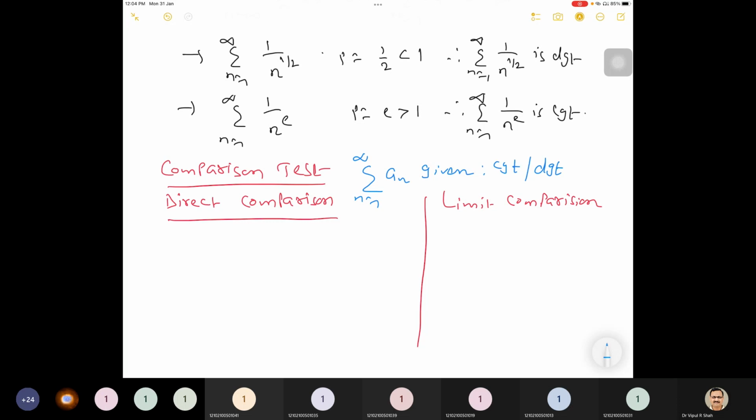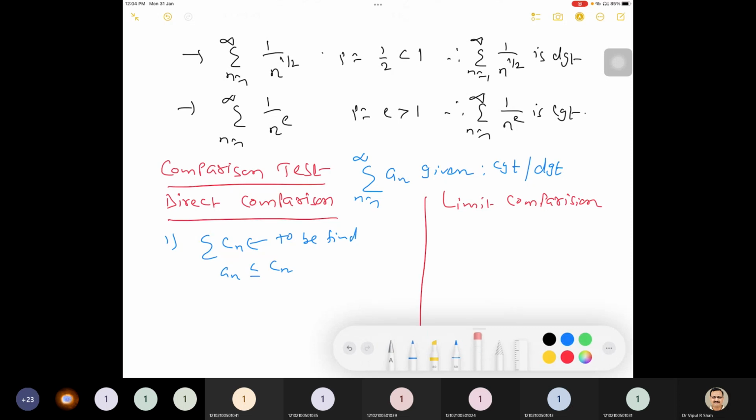If you are able to find some series, say cn, which we need to choose, such that an is less than or equal to cn.